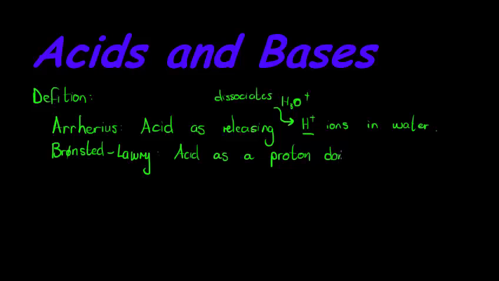Now, it fits in with Arrhenius' definition, because if you release H plus ions, H plus means it is the hydrogen atom without its electron, which means it only has its proton. So that is the Arrhenius and Bronsted-Lowry definition for acids.